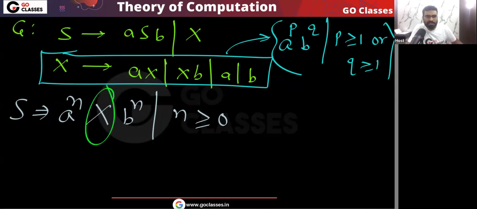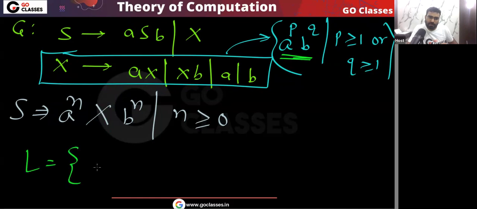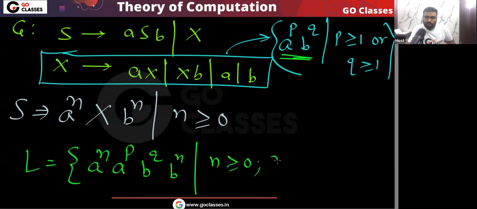So now if you replace this X with this one, the language will be a power n, this X I can replace with a power p, b power q, then b power n, where remember n is greater than equal to 0, and also p is greater than equal to 1 or q is greater than equal to 1. Okay, so this is the idea.